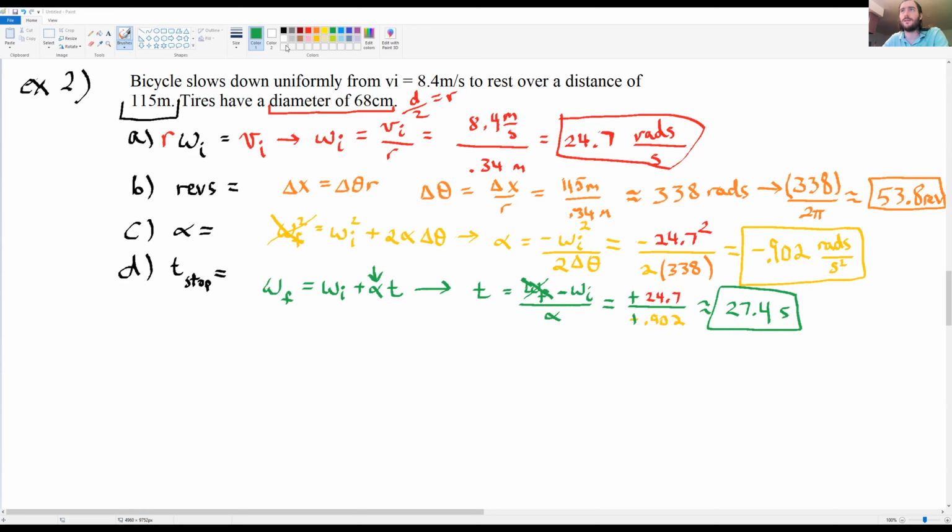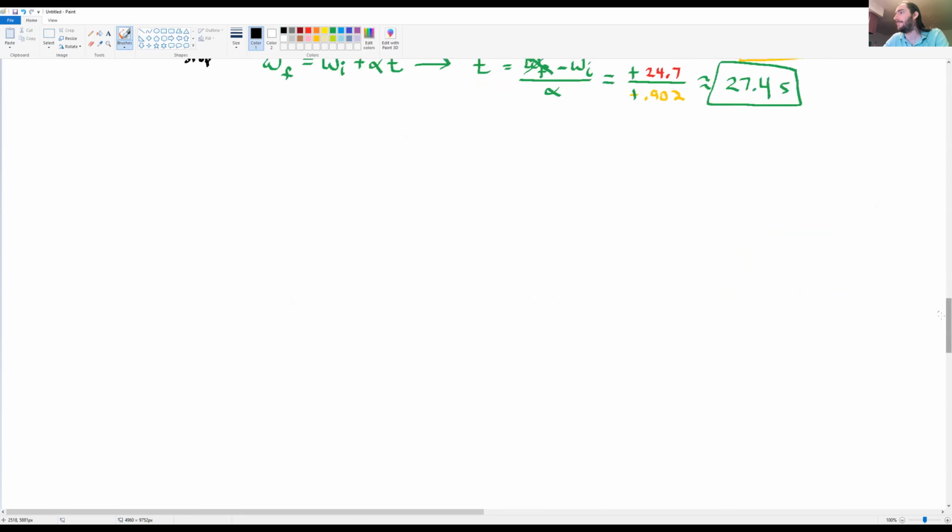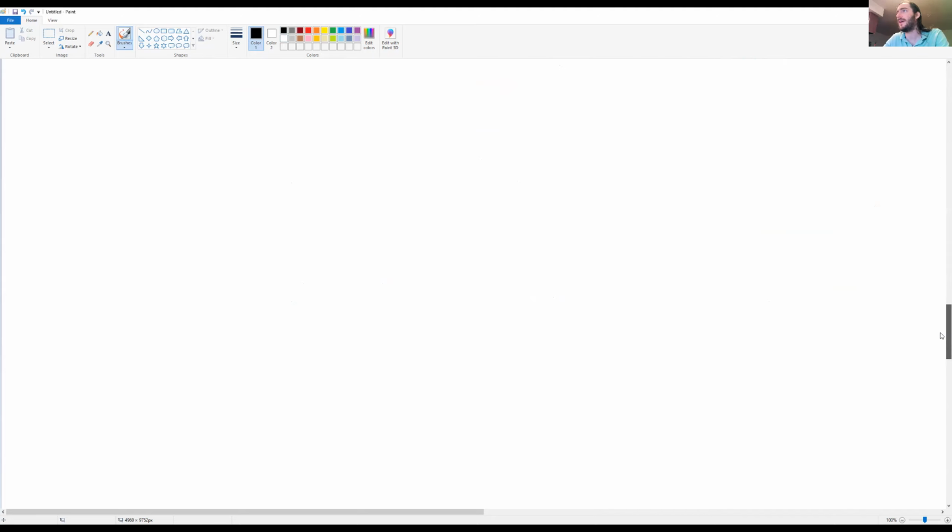Torque is basically like a rotational force. And there's a lot of similarities in how we set those things up. So let me just remind you that for force, we can write the net force on an object is equal to its mass times its acceleration.